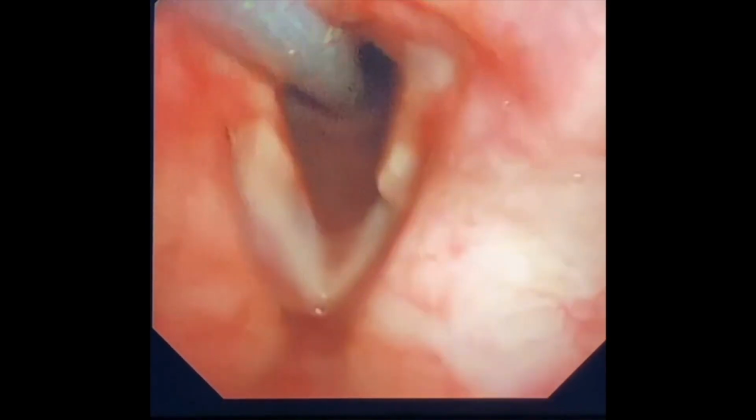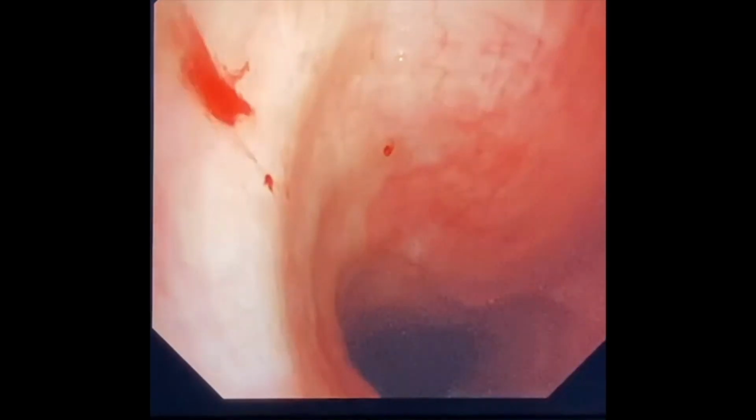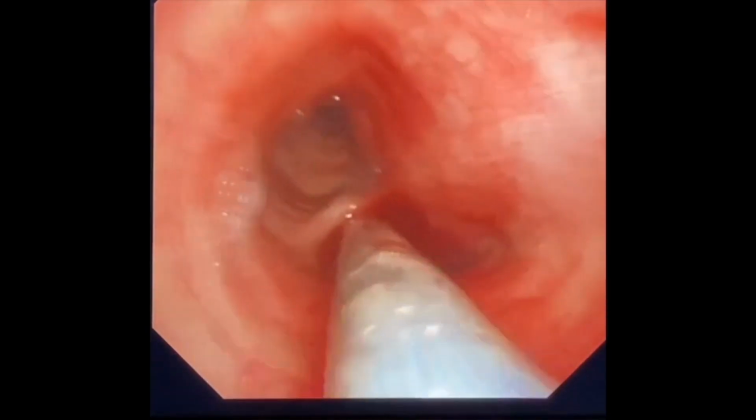We then pass a self-expanding metal stent catheter over the wire, while a second operator follows this stent using the bronchoscope.